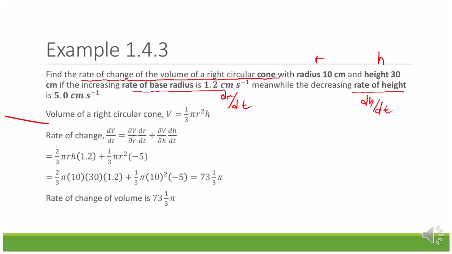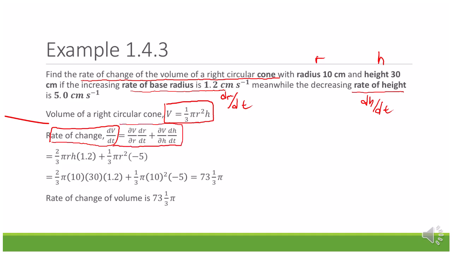So the rate of change of the volume is dV/dt. The formula for the volume of a right circular cone is this. So the rate of change of the volume due to the rate of the radius and the rate of the height can be given as this, using the chain rule.